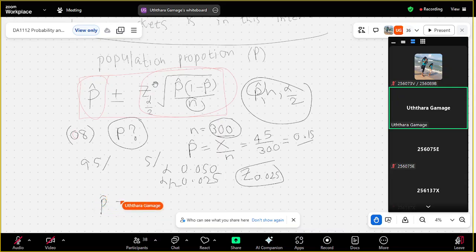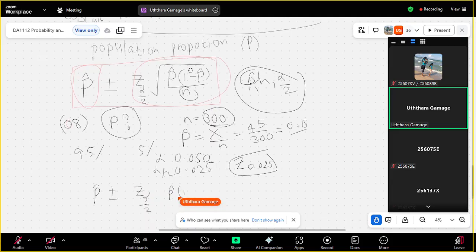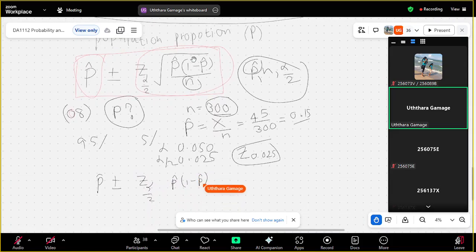I will write this formula again. You have to remember the formula, right? So P hat 0.15 plus or minus. What's Z of 0.025? Yeah, very good. 1.96 times the square root of 0.15 times 1 minus P hat, 1 minus 0.15.